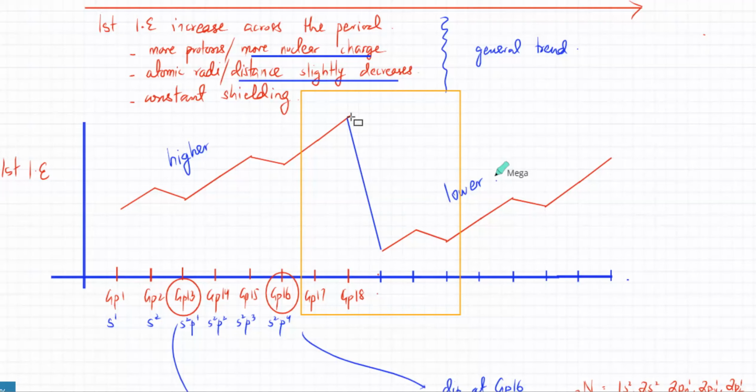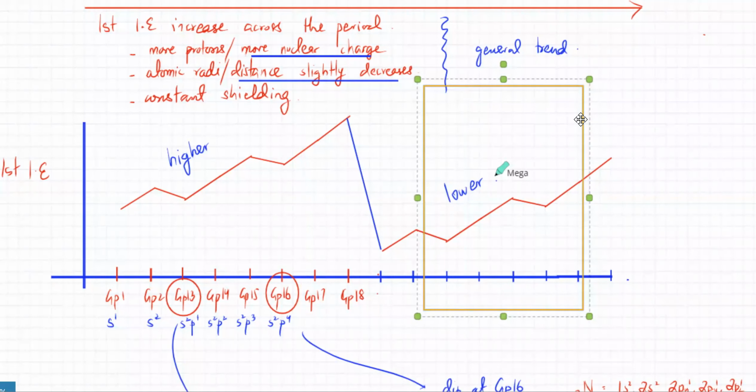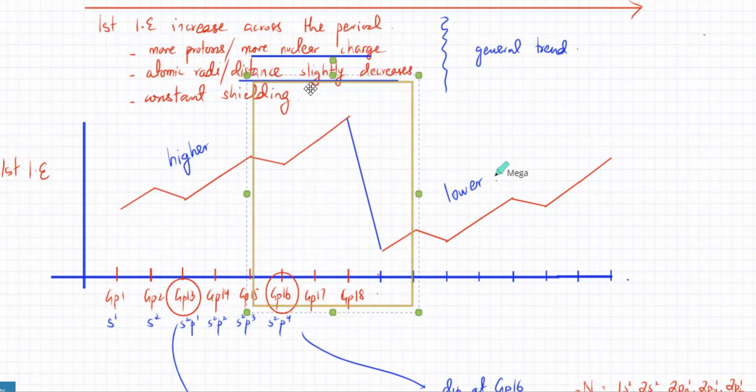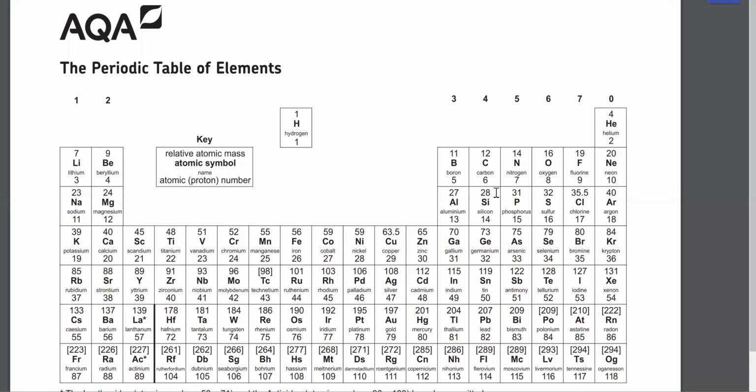They're not going to draw the whole thing, they're just going to draw a partial structure. So they might draw this partial structure, or this partial structure. So just don't get confused. Make sure you have these markers. The extreme peak indicates group 18, and then that's the next one.